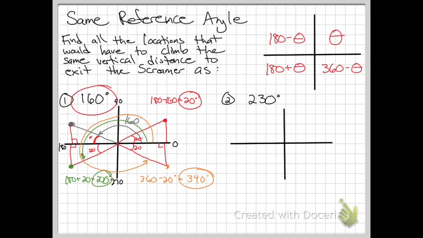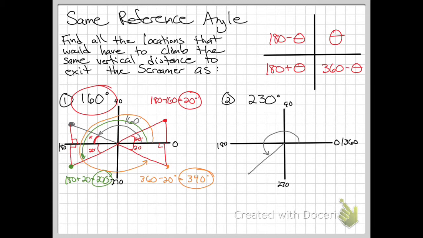So the first thing you need is the reference angle. So work on finding the reference angle for 230. So 230 is past 180, but definitely in quadrant 3.